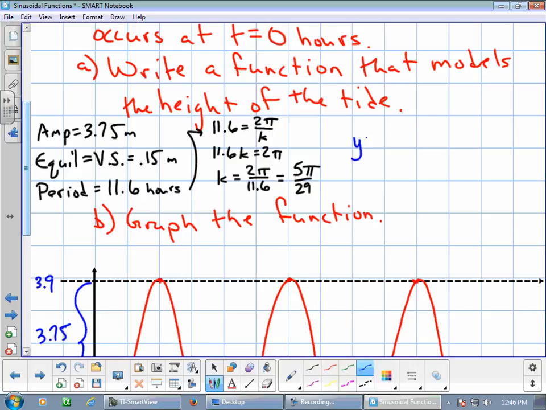So our equation then becomes y equals negative something cosine of something t plus or minus something. And if you want, you can put the parenthesis there. So what goes in what blank here? We basically have all three values. We just need to figure out which one goes where. Where does the 3.75 go?